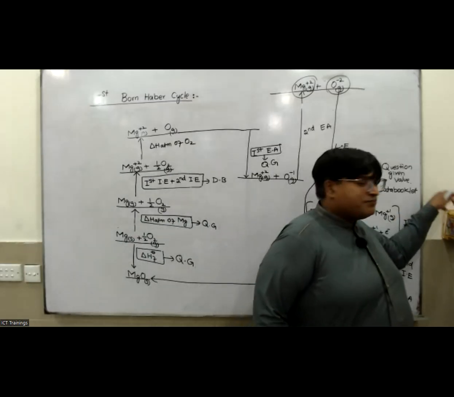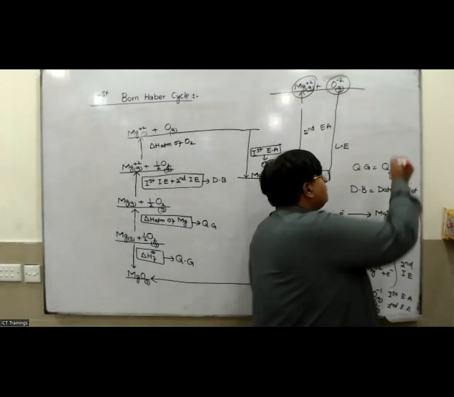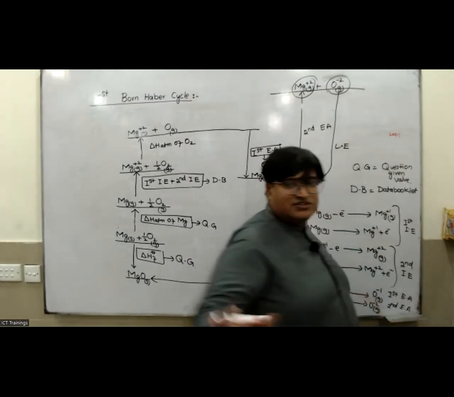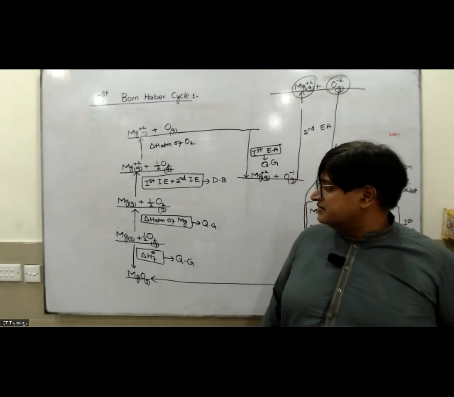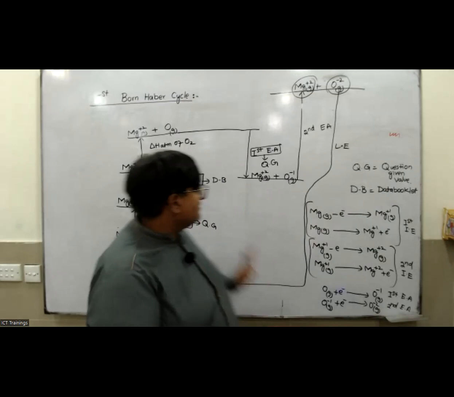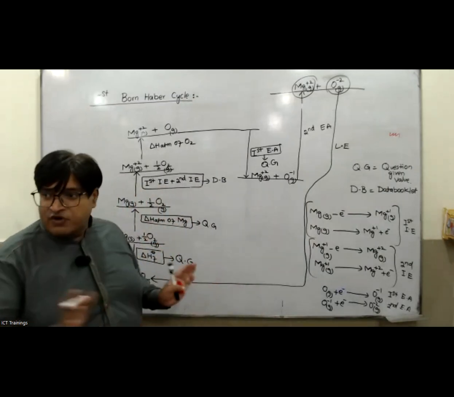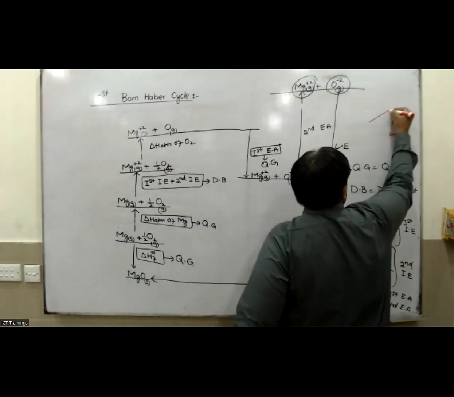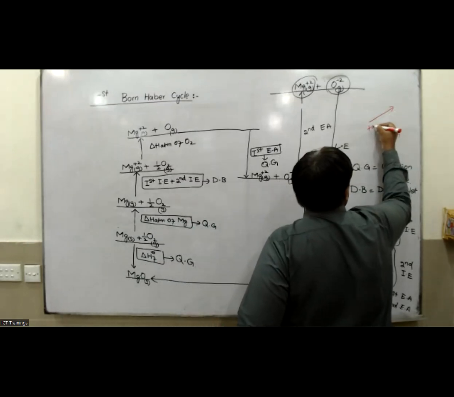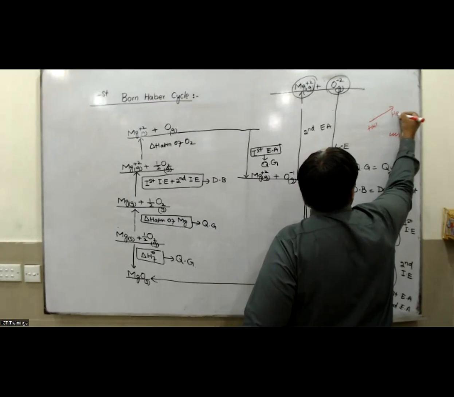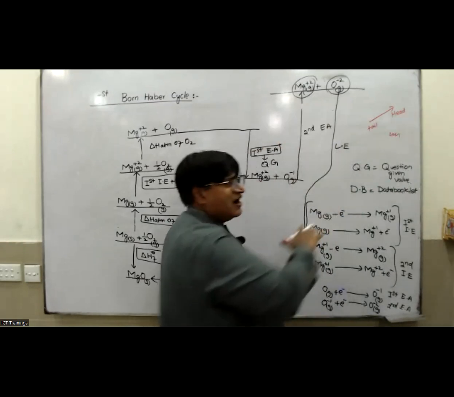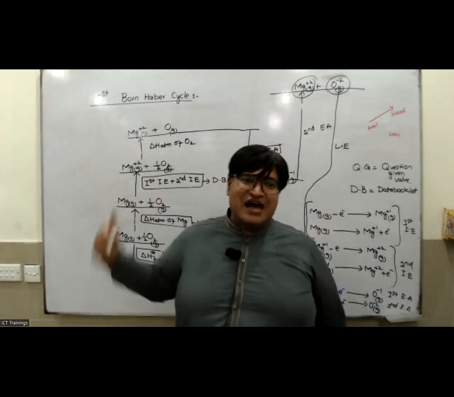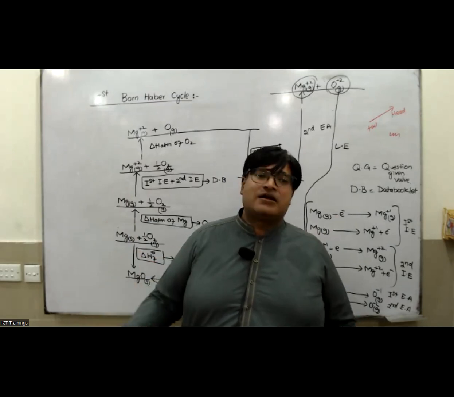Now, a very important thing which you have to listen to very carefully. This is the cycle. You have this arrow with a tail and a head. You have to find a place in the whole cycle where only tails are present.